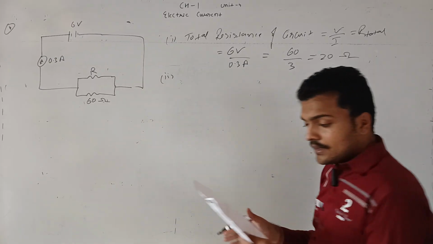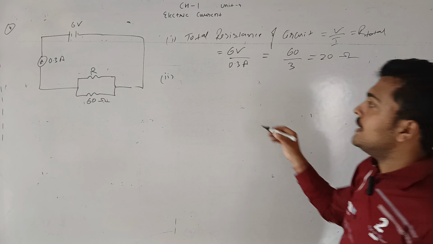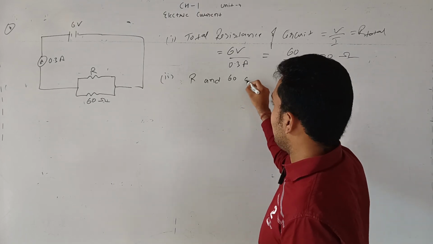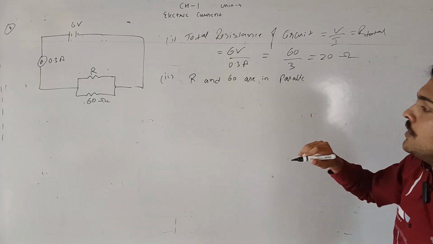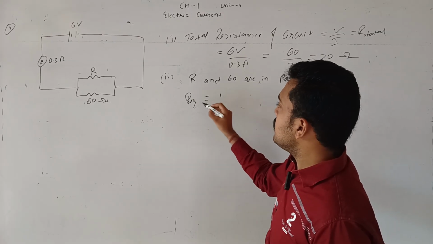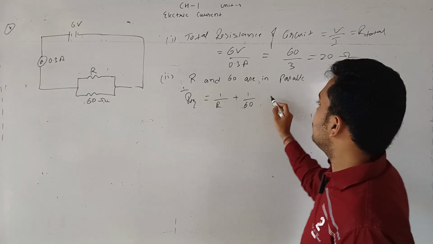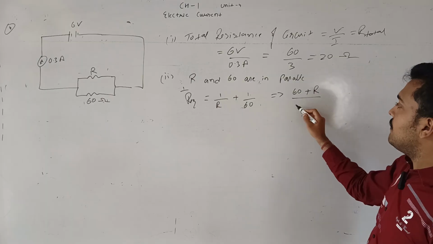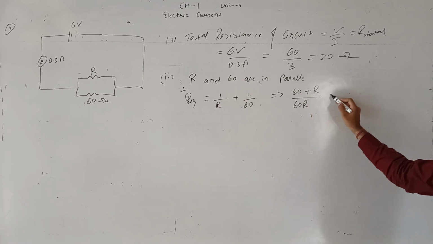Second part, we have to find the resistance R. R and 60 are in parallel. Therefore 1 by R equivalent is equal to 1 by R plus 1 by 60, which is equal to (60 plus R) divided by 60R.